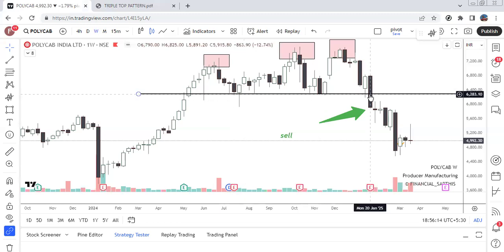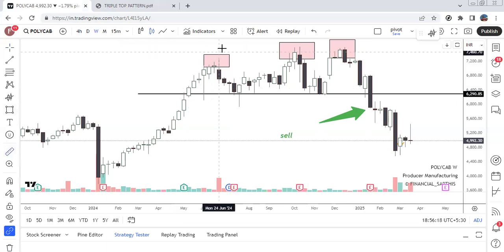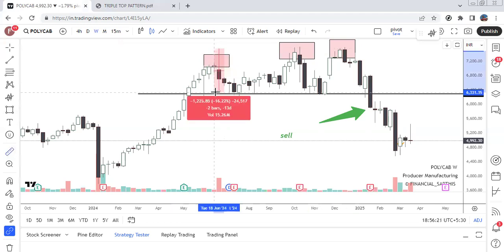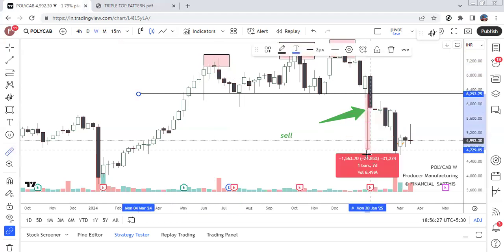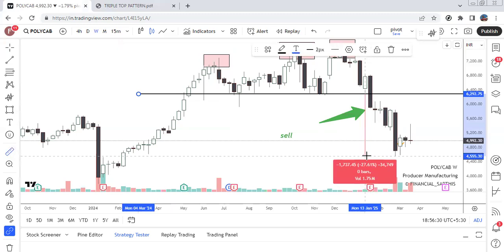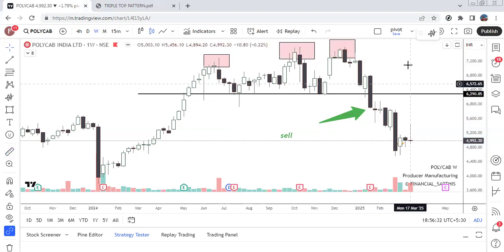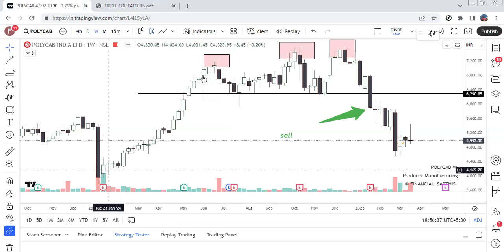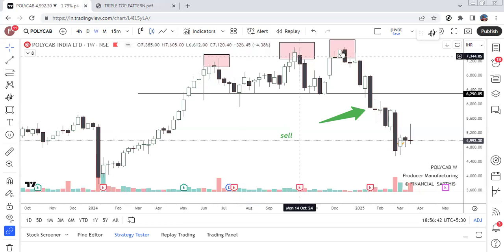Once this happened, now see the depth. It was approximately 16%. And see how much, after this neckline broke on the weekly, it gave almost 27-28% fall from this range. As you can observe, it was going in a superb rally since the 15th of January, formed a triple top, then the neckline breach and the targets came. It was on the weekly time frame.